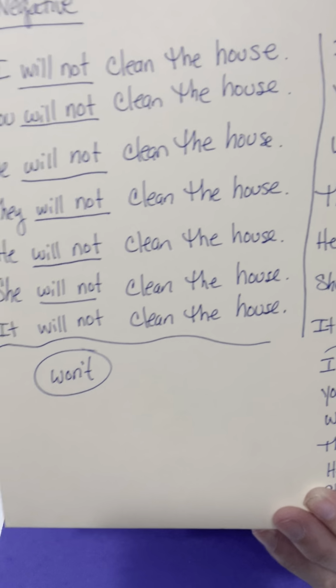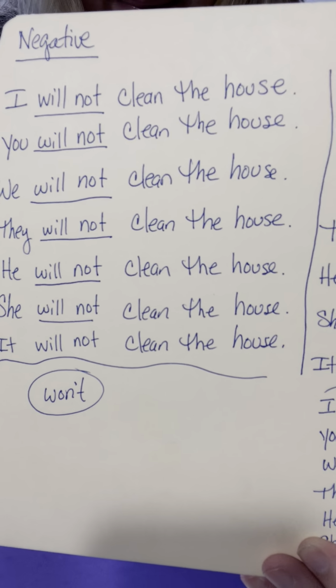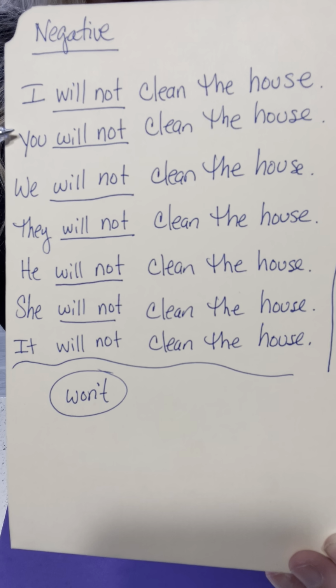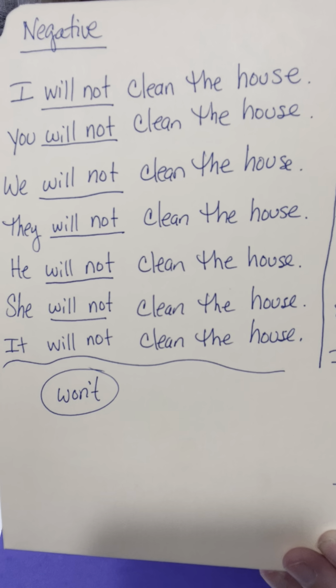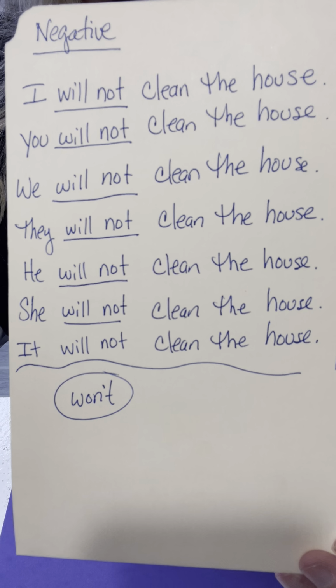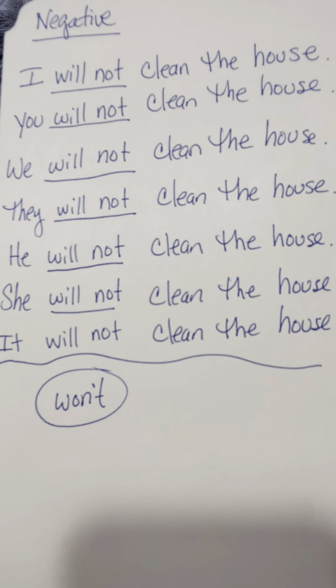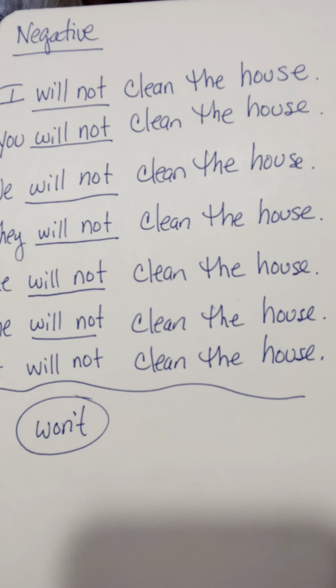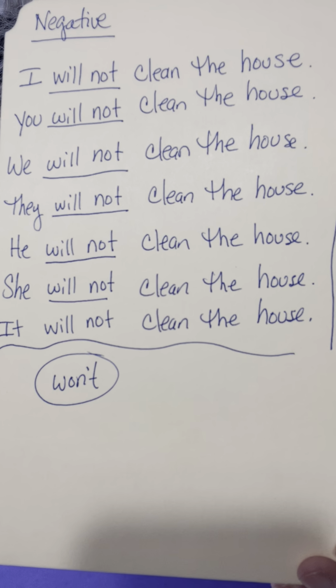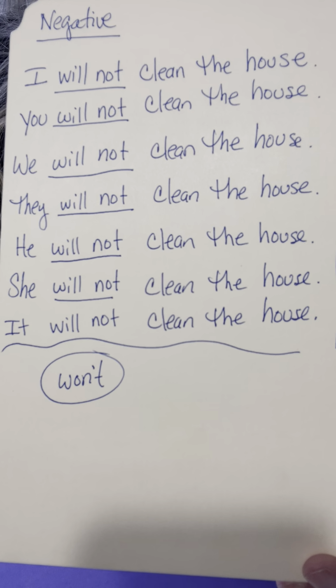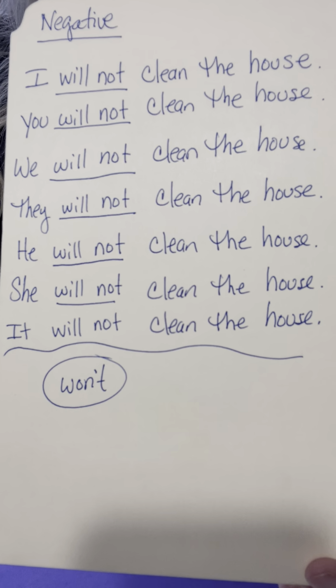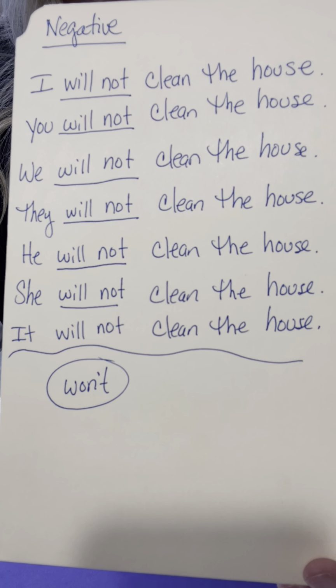So I made all the sentences the same to keep it easy. I will not clean the house. You will not clean the house. We will not clean the house. They will not clean the house. He will not clean the house. She will not clean the house. It will not clean the house.